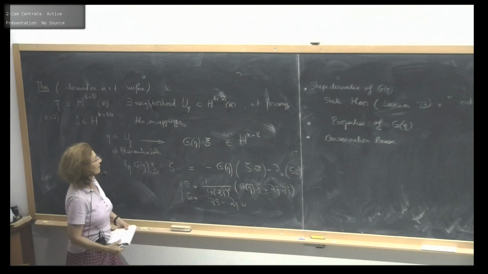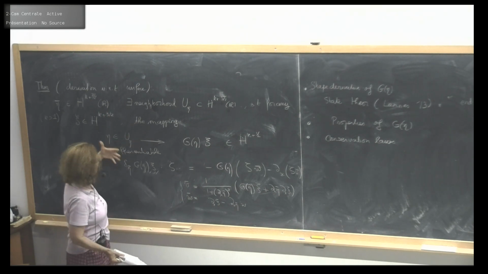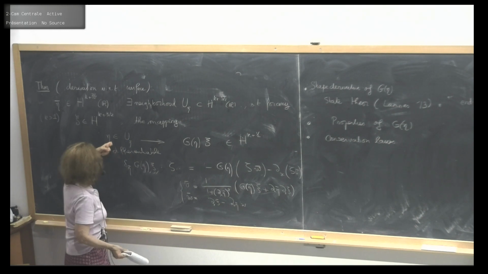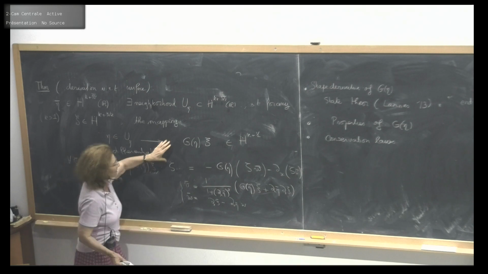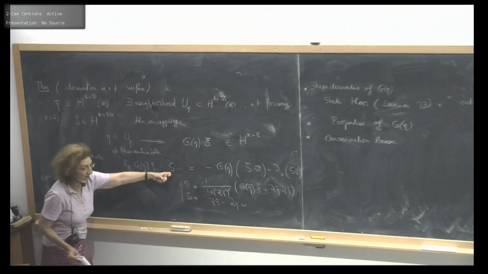So that's what's called the shape derivative of the Dirichlet-Neumann operator. That's the map that, for xi fixed, we differentiate with respect to eta, the map that associates to eta this quantity in the direction of zeta.